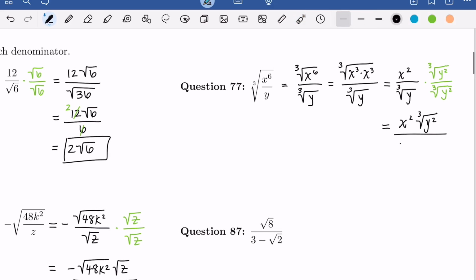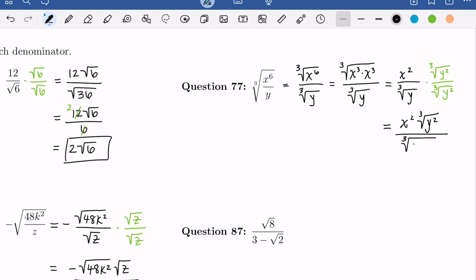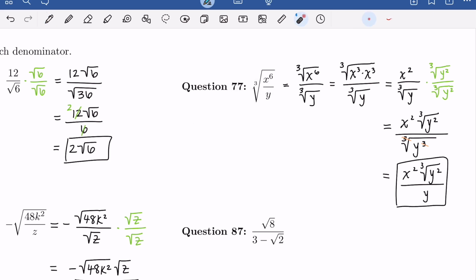Doing that, we get the third root of y times y squared, which is y cubed. So now you can see why we chose to multiply by this instead of just the third root of y. These guys are going to cancel, and we just end up with y in our denominator. So we're going to have x squared times the third root of y squared in our numerator over y. Now we can't simplify this any further. This is our final answer, and we know it's our final answer because we no longer have a radical in the denominator.